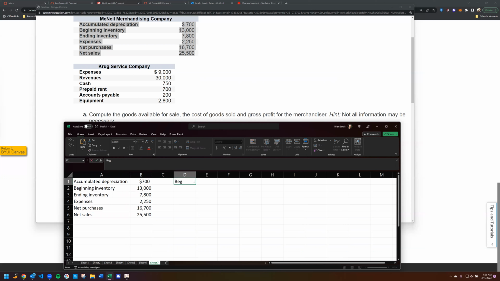We've got beginning inventory of 1,300. We would have purchases. No, this is available for sale. Let's see, purchases, ending inventory. We have to do this backwards.